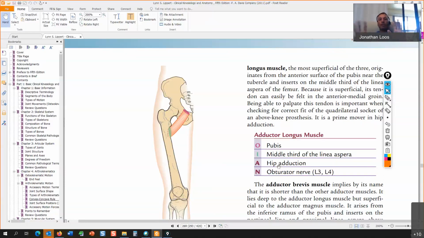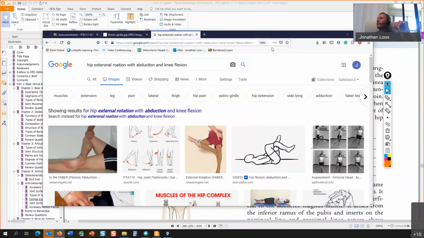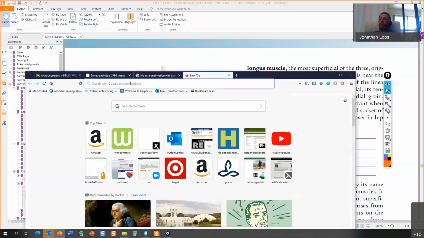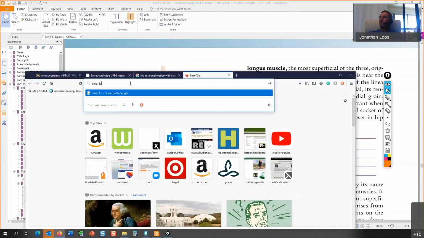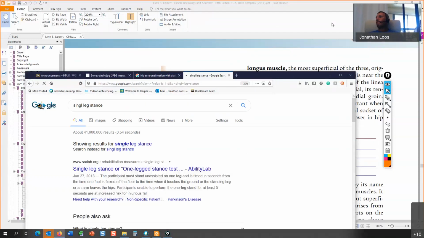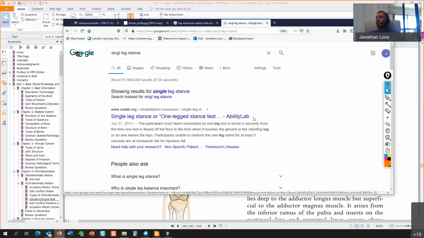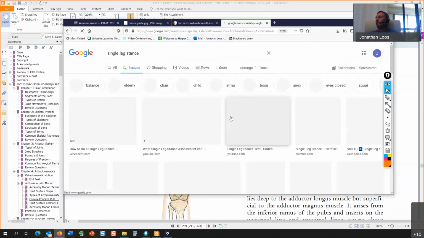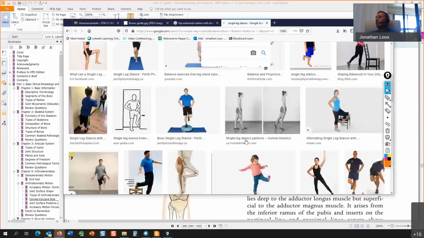And if you were to stand up and just pick one leg up, what would happen here? Let's pull up an image here. Oops.